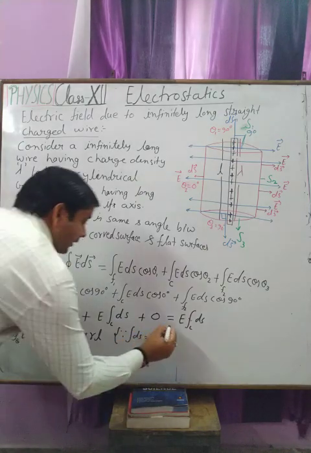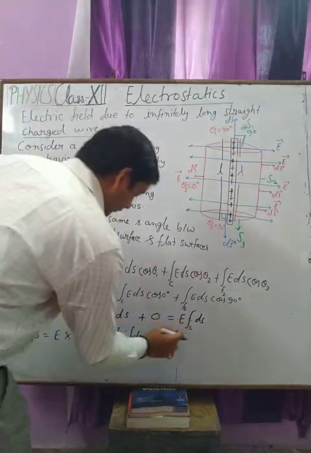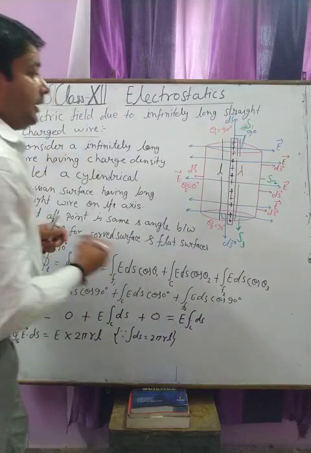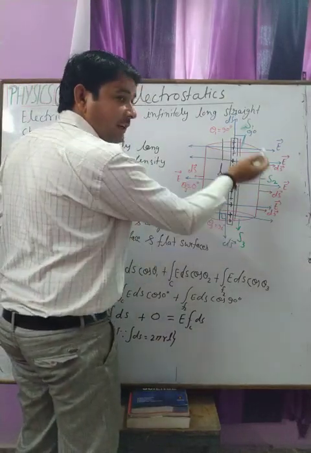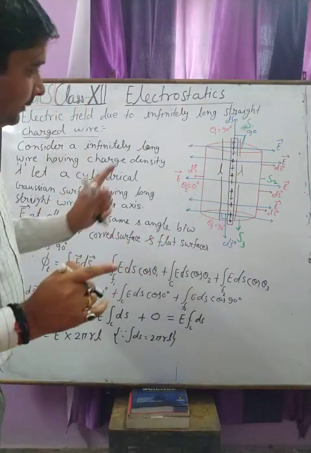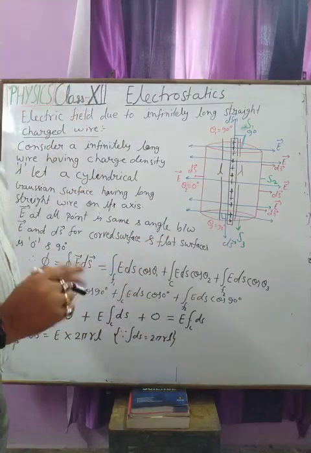Here student, we are using in place of ds 2 pi r l because the cylinder has curved surface area 2 pi r h. Here in place of h we are using length l.